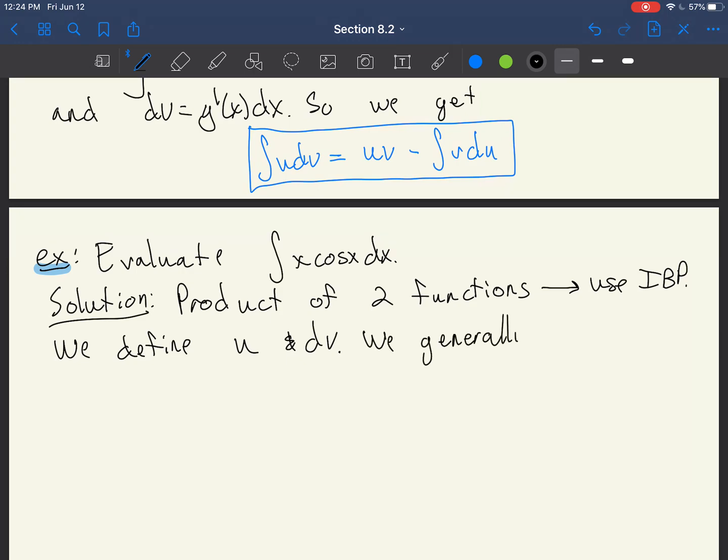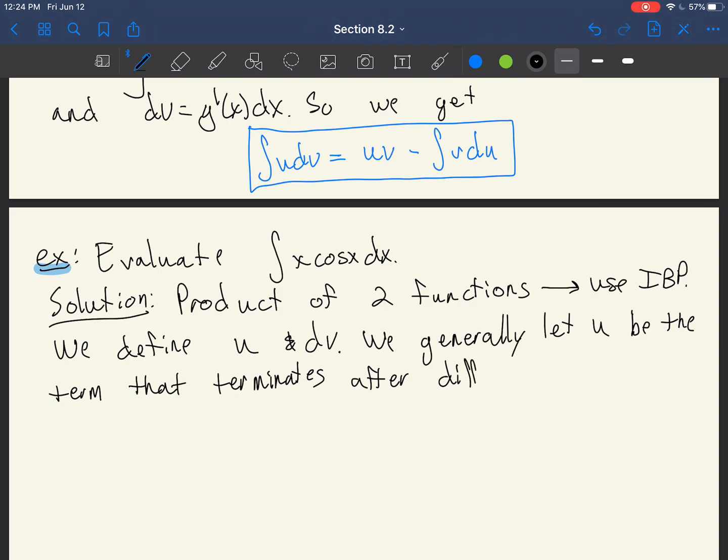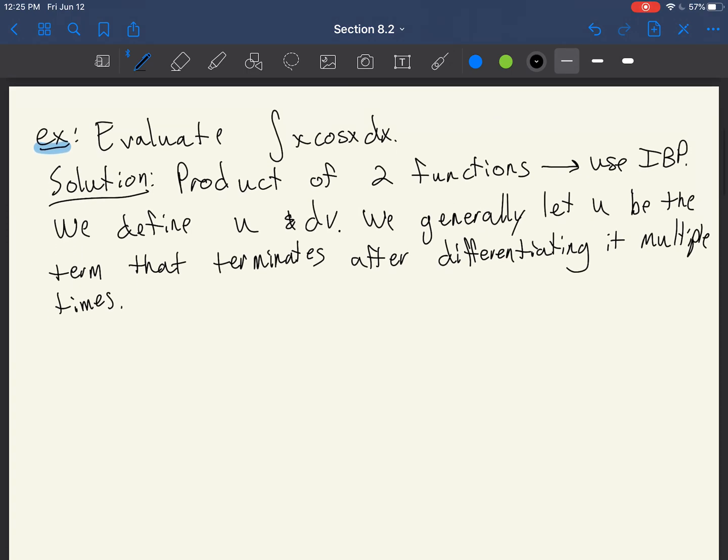And we generally let u be the term that terminates, and by that I mean terminates after differentiating it multiple times. And then we let dv equal what is left, and it's normally the thing we can integrate.